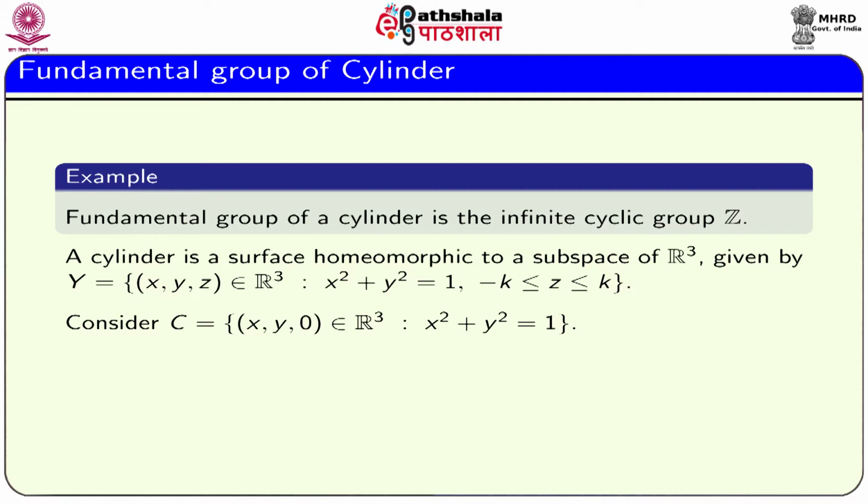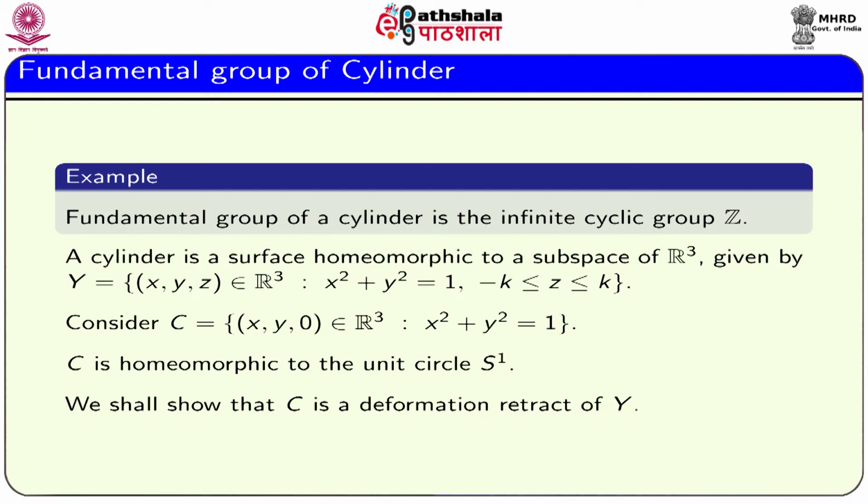Here k stands for some real number. Now consider C equal to the collection of all points of the form x, y, 0 such that x squared plus y squared equals 1. Of course, this C is homeomorphic to the unit circle S1.